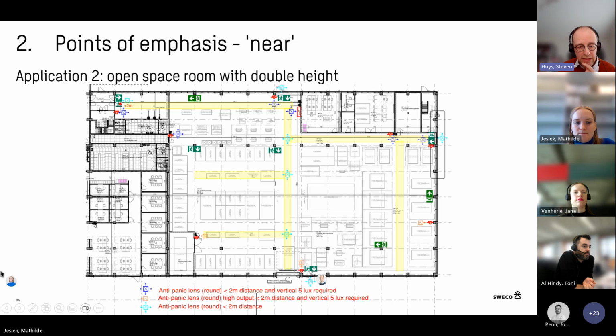Here also at the door, within the 2 meters, we need an extra one because it's further away than 2 meters. This one was for the fire button. It cannot meet the requirement for the door because it's more than 2 meters away, so we need an extra one here.